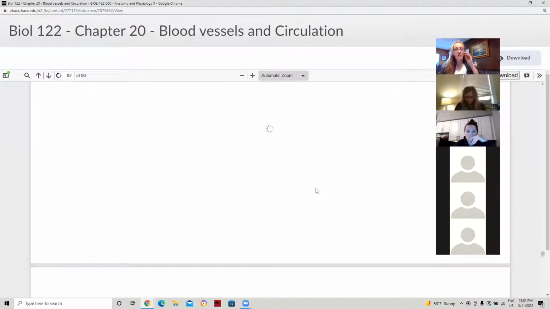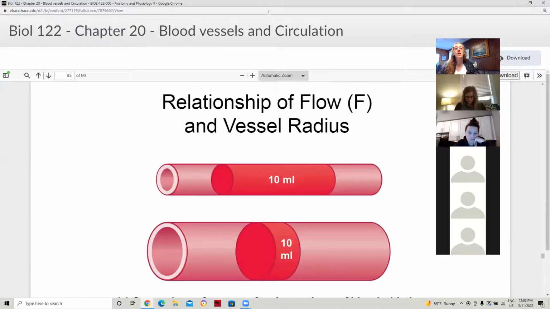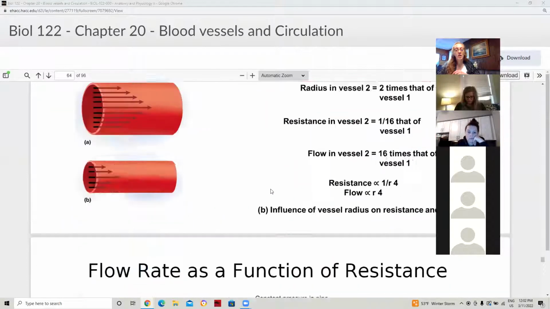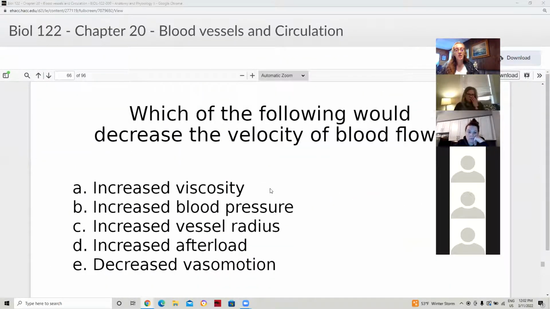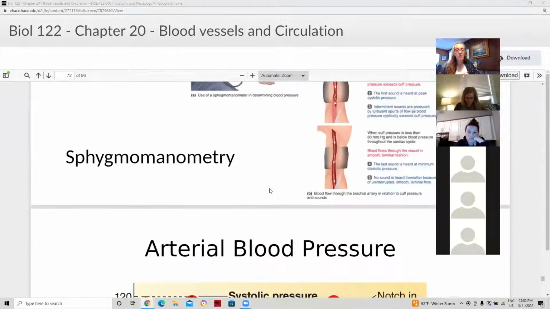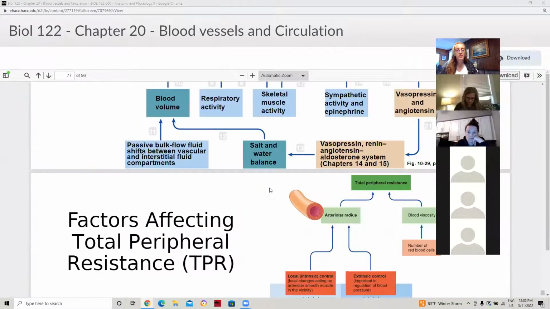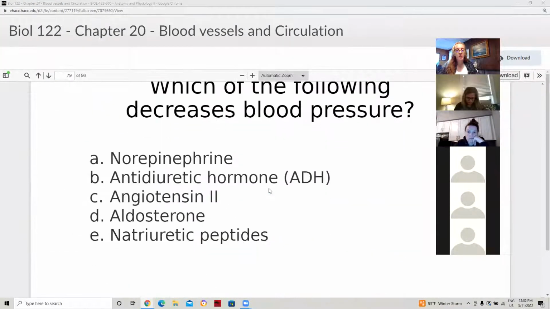This one right here. The answer is actually E.